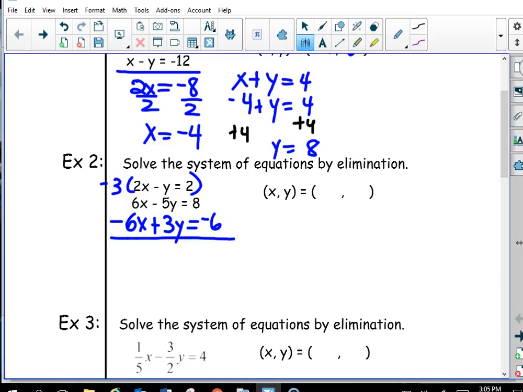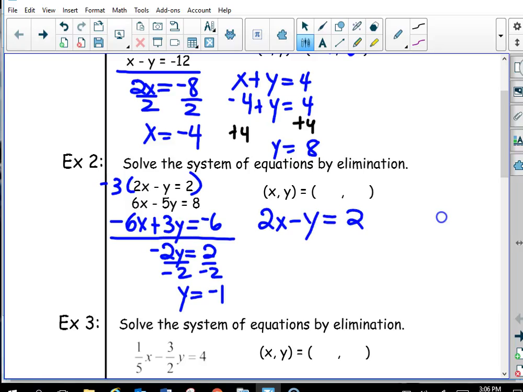So when I stack and combine, I'll get negative 2y equals 2. Looks like y is equal to negative 1. And I can grab either equation. I usually work with the simplest, or the one that looks the simplest. Or if I don't even want to think about it, I'll just pick the first one.